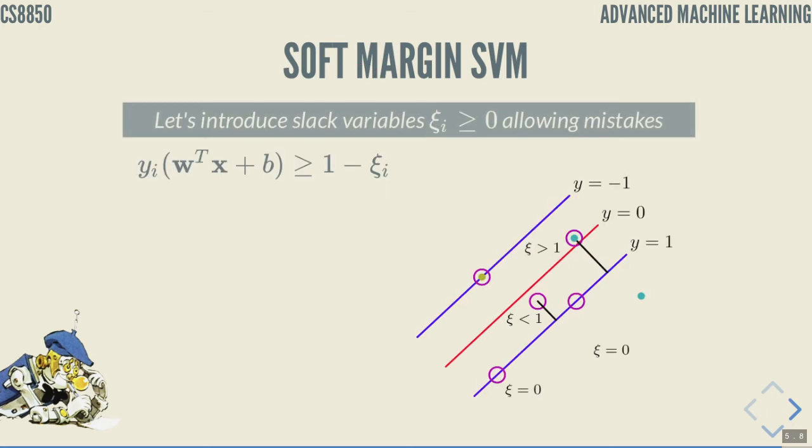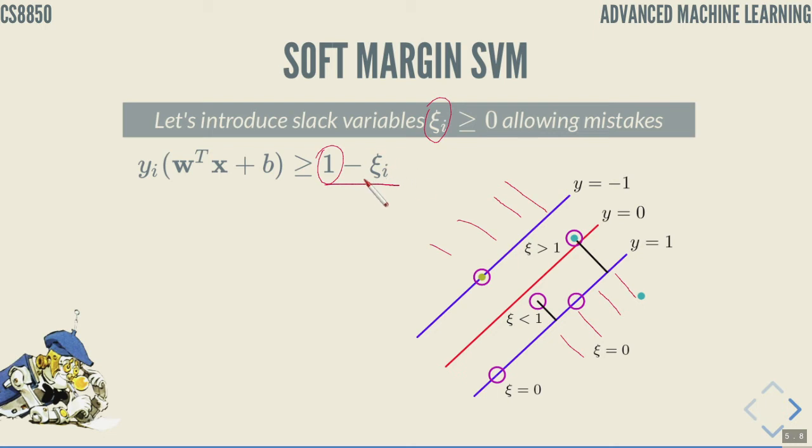Let's introduce slack variables, chi, larger than or equal to 0, non-negative. They can be equal to 0. This way we will allow mistakes. At first we wanted everything to be either on this side greater than 1 or on that side, and the label took care of the sign.